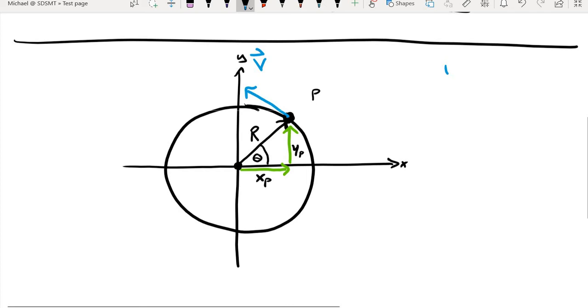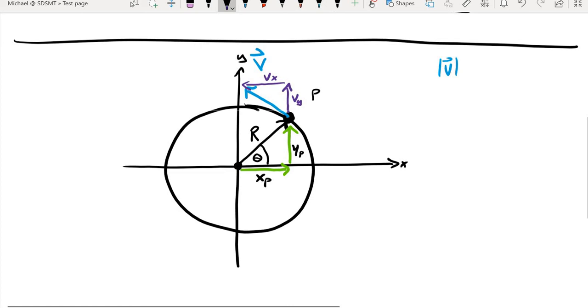There's no reason that I can't still work with just the magnitude of that velocity vector, but at this particular location, since that velocity vector has a direction, we may as well take advantage of that information. What this means for us is that the velocity vector will have x and y components, just like the position vector did.